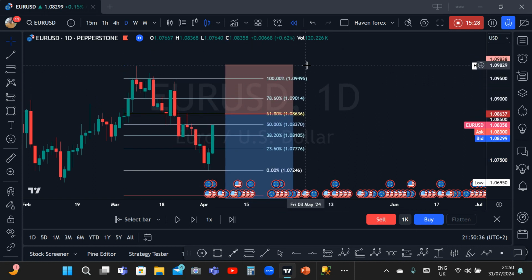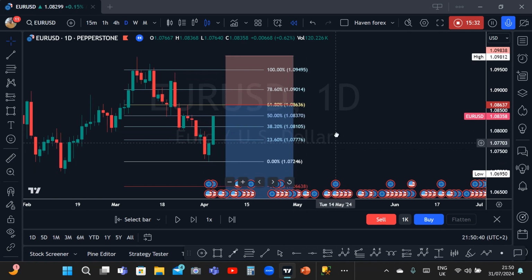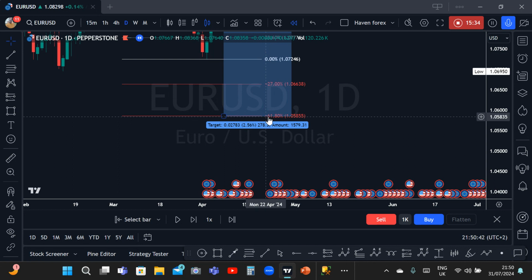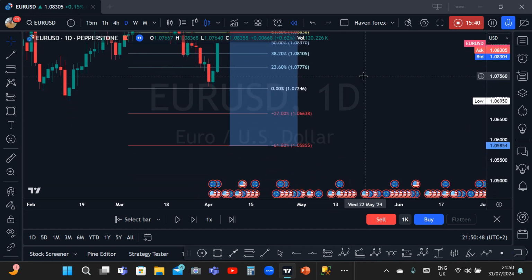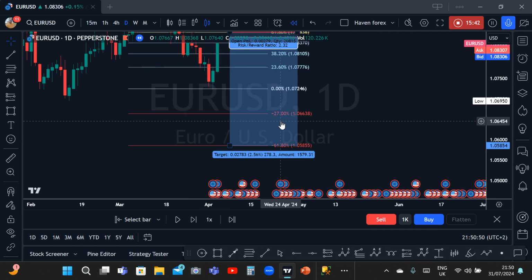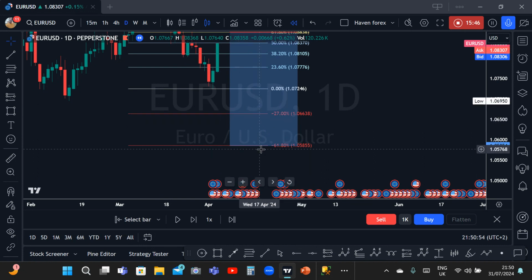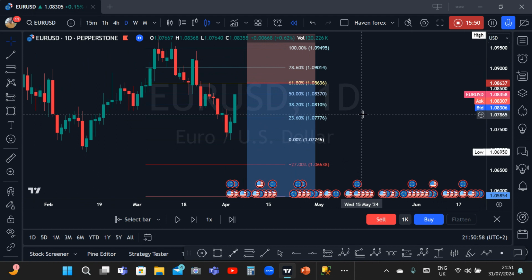Then put your stop loss here at 1.09829. Then your take profit will be negative 61.80. All right, like I told us in Fibonacci 2, negative 27.0 is a take profit level, and negative 61.8 is also a take profit level.